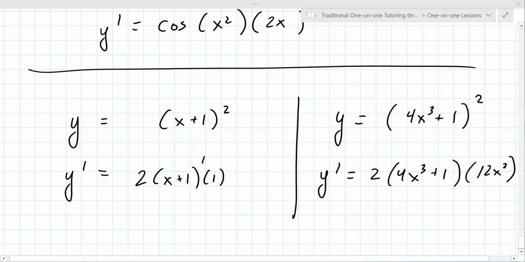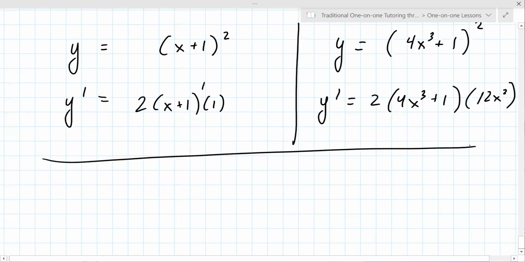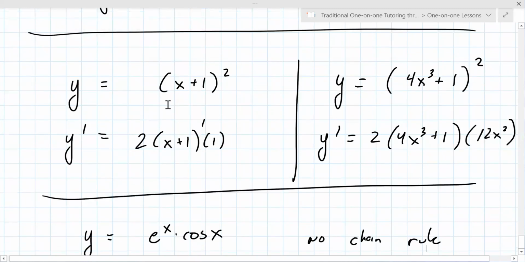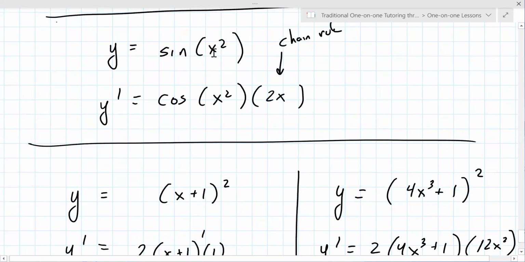So now there are two possibilities for product rule. One is I tell you that it's like e to the x times cosine x. There's no chain rule in this. So for the first example that you did, the sine of x squared, if it's like a sine of something, it's not product rule, right?